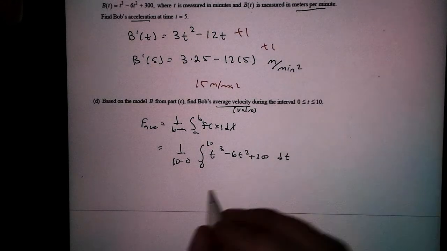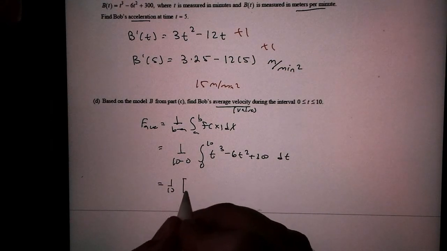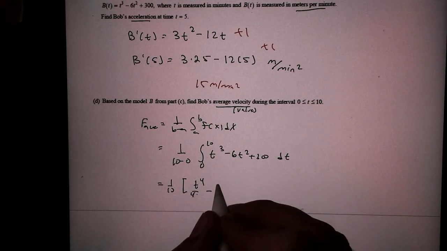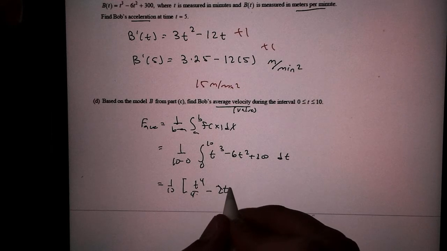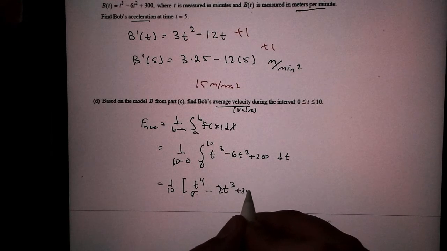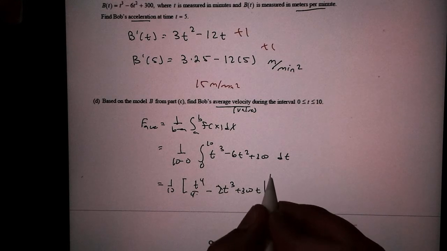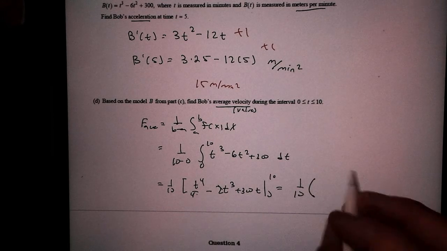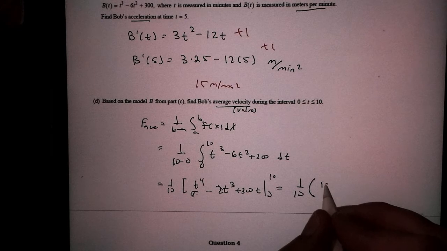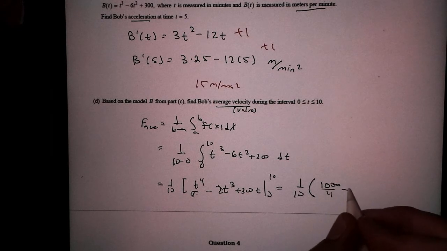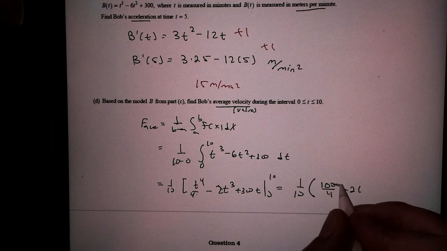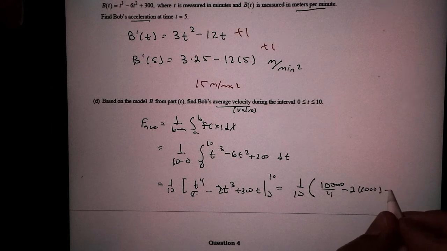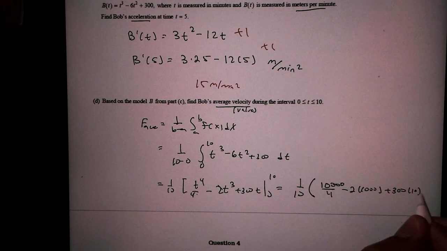And you're going to get 1 point for setting that up. So we're going to get 1/10. And I'm going to go ahead and integrate this one. t to the 4th over 4 minus, this is just, what's that? 2t cubed plus 300t from 0 to 10, and that becomes 1 over 10 times, I don't worry about the zeros, they're all just going to go away, but I get 10 to the 4th, which is 10,000, over 4, minus 2 times 1,000, plus 300 times 10.